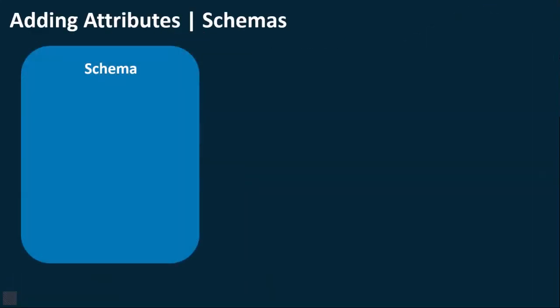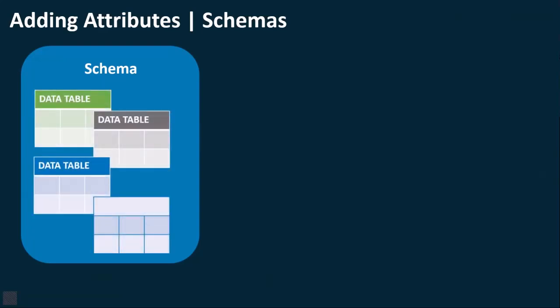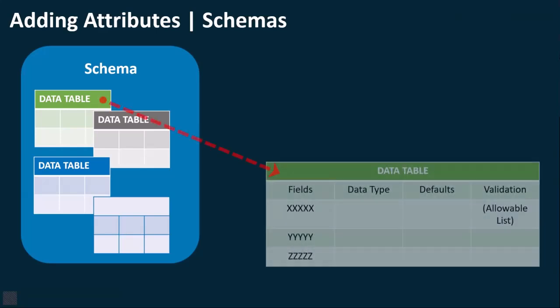Adding attributes, what is entailed in this? Well, first off, you would be looking at creating a schema. And within that schema, you've got a data table, which holds basically what the object is going to be. And then you've got fields to explain further what's involved in that. For instance, if you had something like a tree, you would have the data table labeled as a tree.